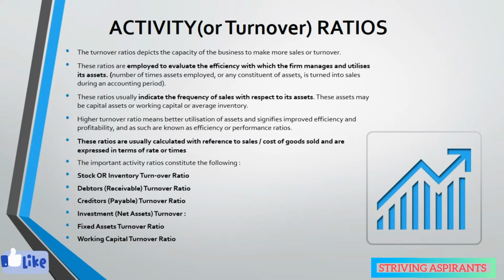From all the points we have seen above, we can conclude that for the calculation of activity or turnover ratios, we have to refer to sales or cost of goods sold, which will be expressed in terms of rate or number of times.